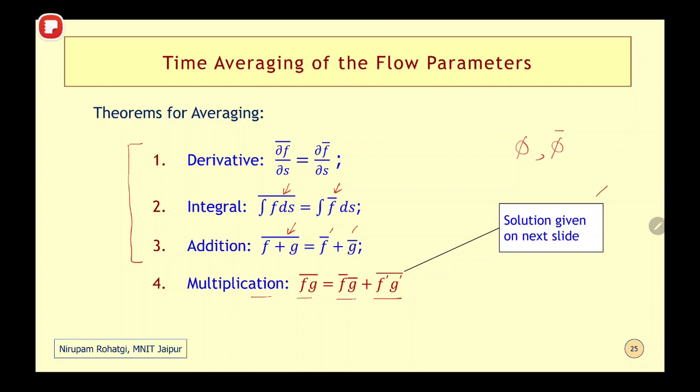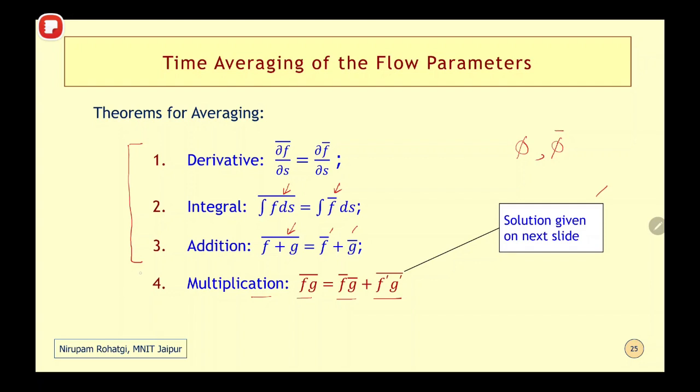If you are doing derivative, integral, or addition, in all these three cases, on the left side there is a variable f, on the right side the f variable is f bar. So your equation will have either f or f bar.